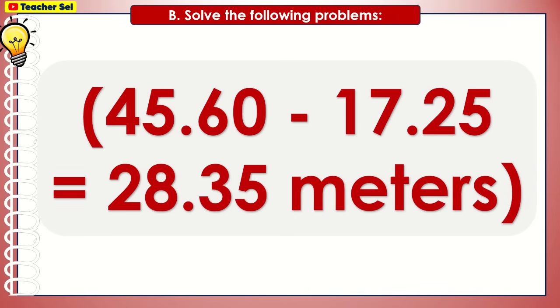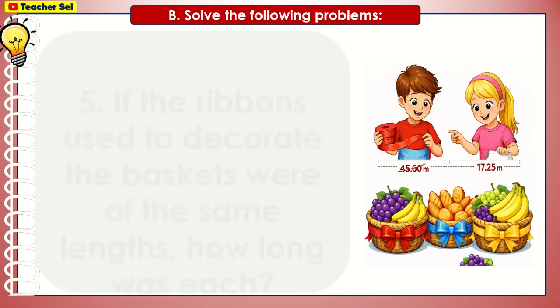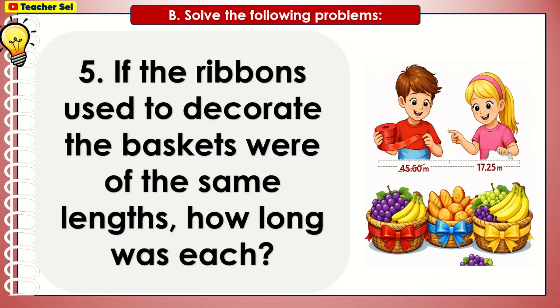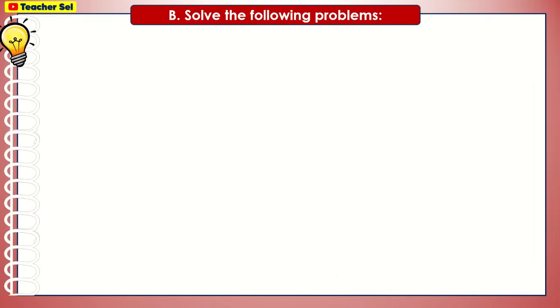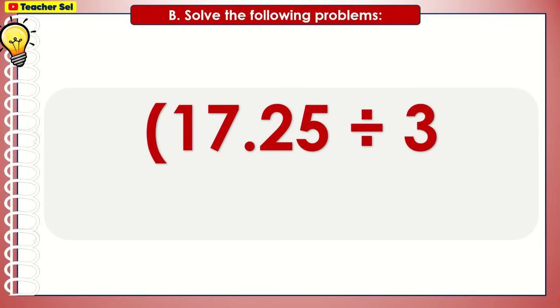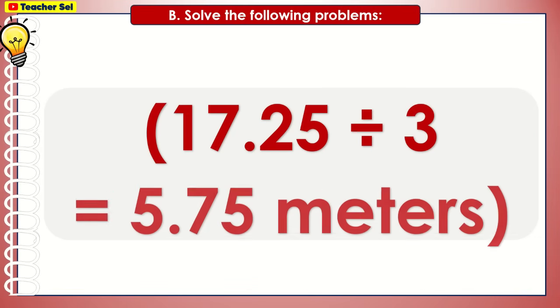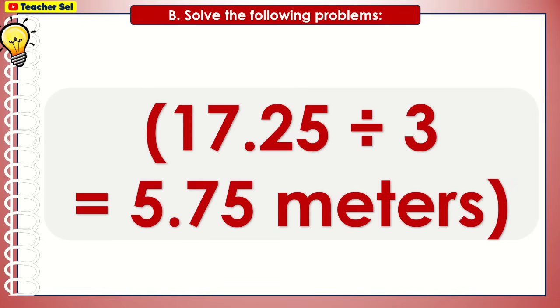The answer is 28.35 meters. If the ribbons used to decorate the baskets were of the same lengths, how long was each? 17.25 divided by 3 equals 5.75 meters.